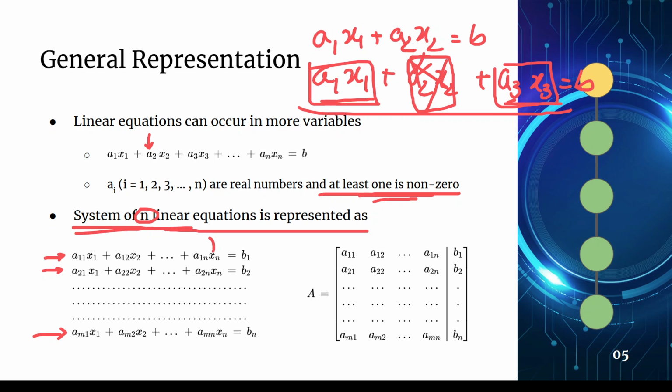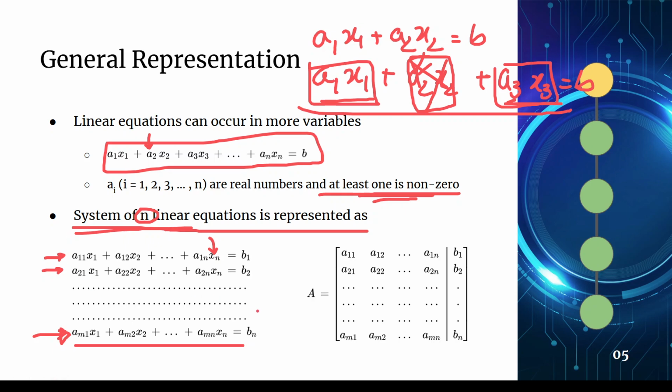We have a1 till an, and there are actually m equations, my bad, sorry, there are m equations. This can be presented using this kind of representation. So this is a representation of a total of m different equations, all having the same structure as shown over here.